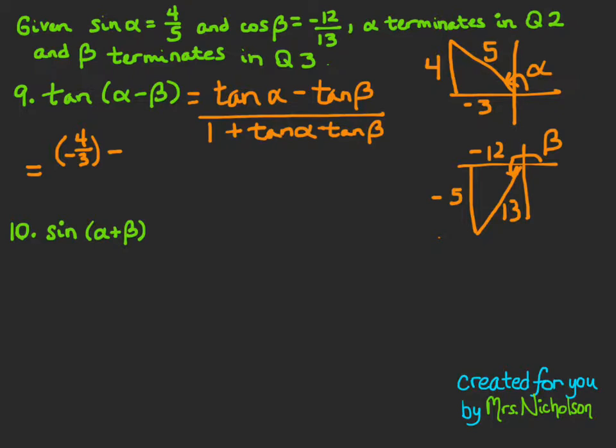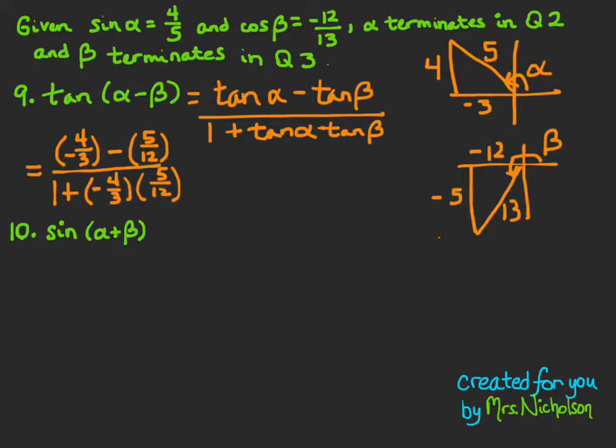If I look at beta and do y over x, I get negative 5 over negative 12. And since they're both negative, I'm just going to write that down as positive. Tangent's positive in the third quadrant. Over 1 plus tangent alpha, which we already figured out was negative 4/3, times tangent beta, which is 5/12.